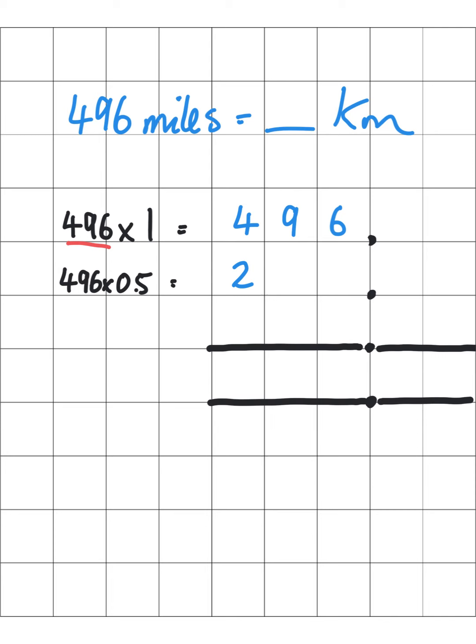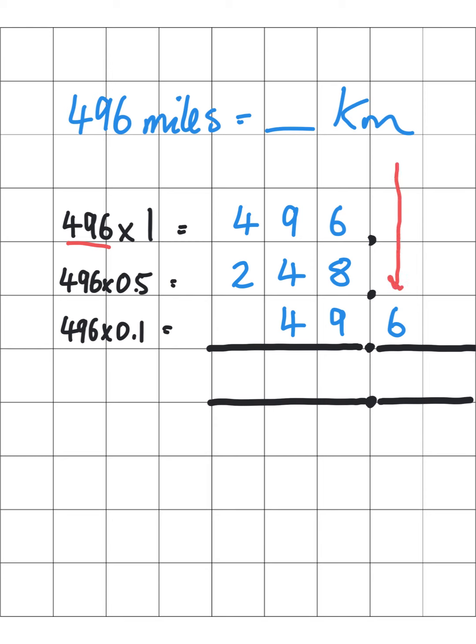Half of 6 would be 3. Add the 2 together, it's 248. And then we need to get our 496, and we need to divide it by 10. So 496 moved across one place to the right is going to be 49.6. So if you lay it out like that, it shouldn't cause you any problems.